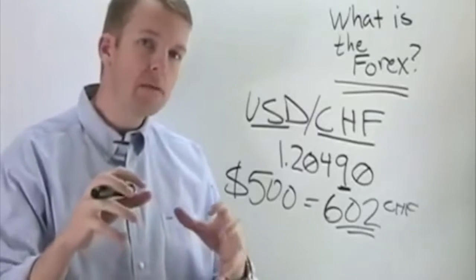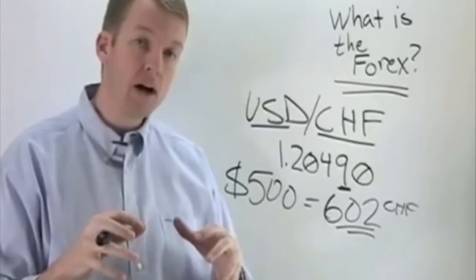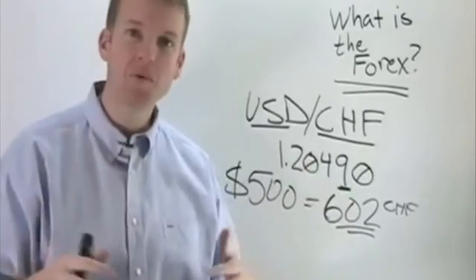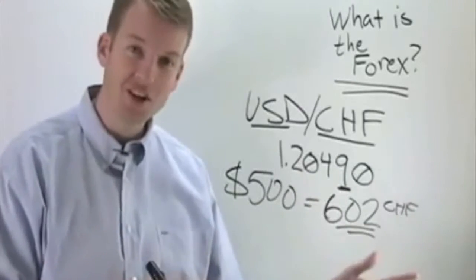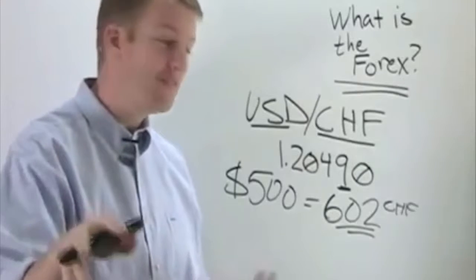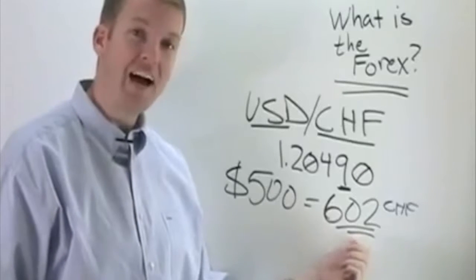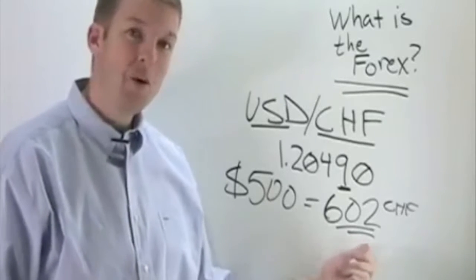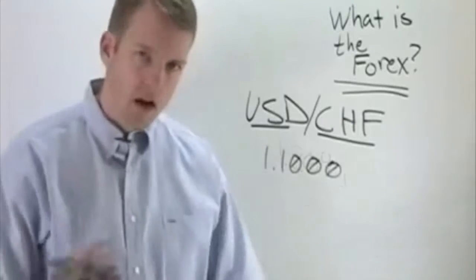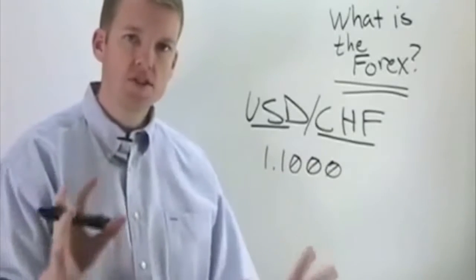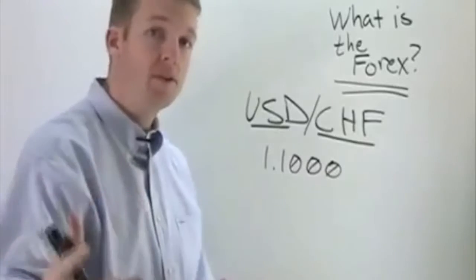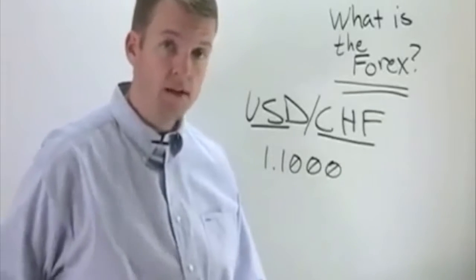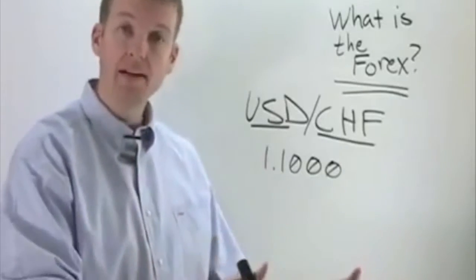Now let's take a step back and talk about what happens at the end of the summer when we've decided to leave our vacation and go home, and we haven't spent any of our spending cash. So we still have these 602 francs. Now it's time for our vacation to end, and we still have those 602 francs in our wallet, and we're looking to exchange them back into dollars.